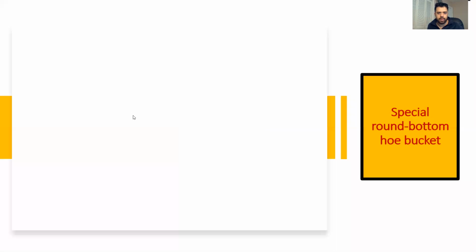If you remember, when I was teaching hydraulic excavators, I showed you one that could hold 63 tons in one bucket. That was a giant, of course. That's not very common. Special round bottom hoe buckets.